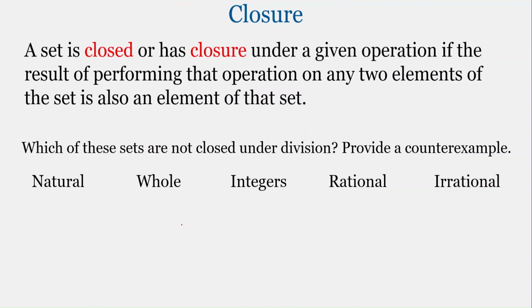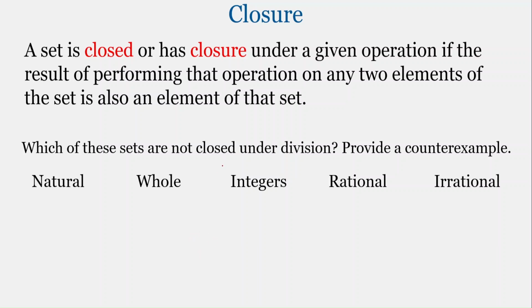Looking at closure, a set of numbers is closed, or has closure, under a given operation if the result of performing that operation on any two elements of the set results in an element of that set. So which of these sets are not closed under division, and providing a counterexample.